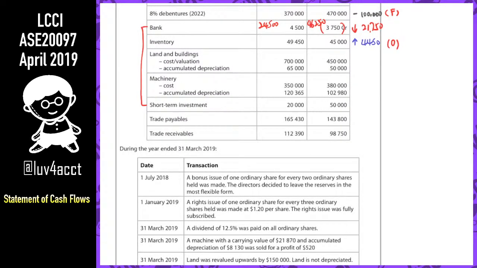Trade payables go up by 21650, and then trade receivables also go up by 13640. Let me check my calculations again.